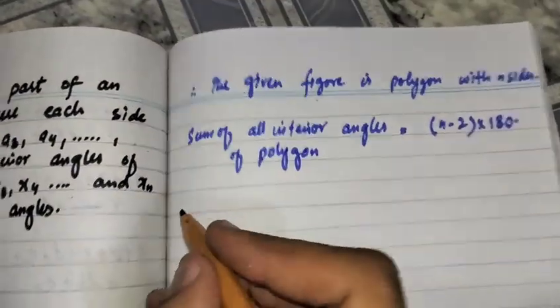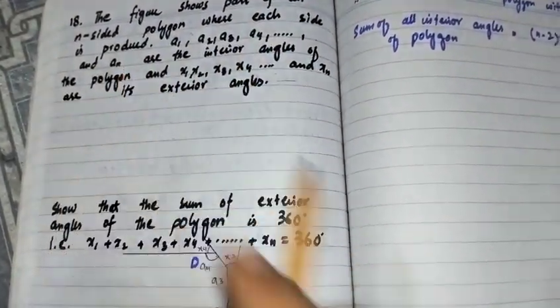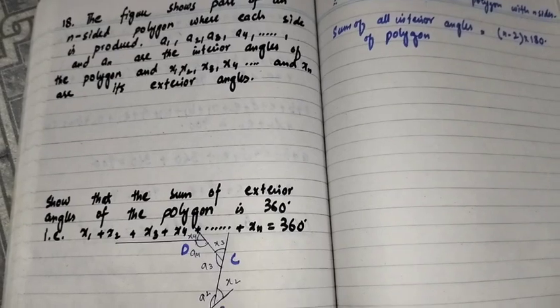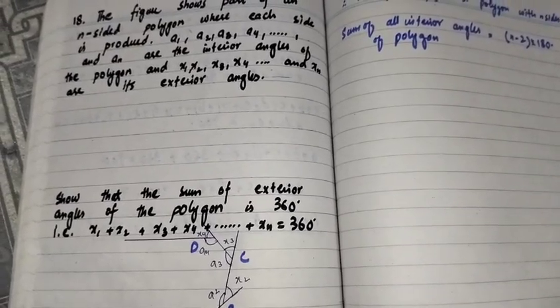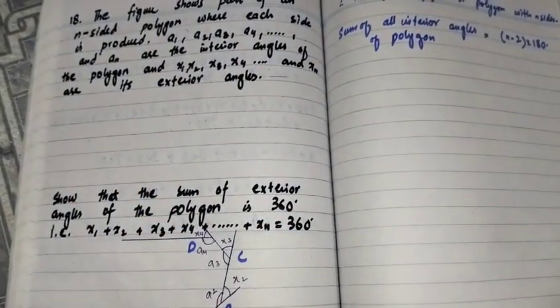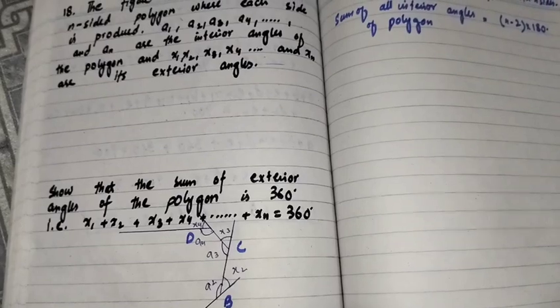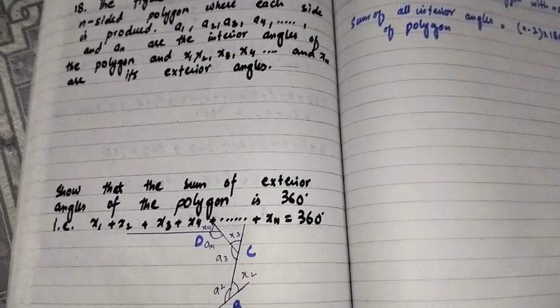and the interior angles are a1, a2, a3 to an. If the sides are 20, then a1, a2, a3 to a20. If the given sides are 50, then a1, a2, a3, a4 to a50.